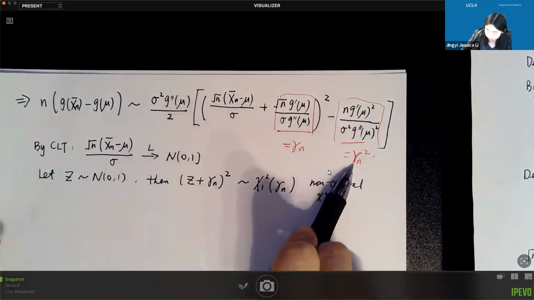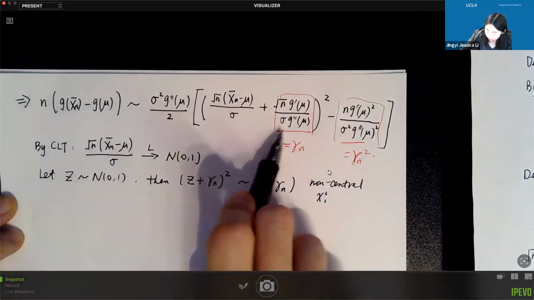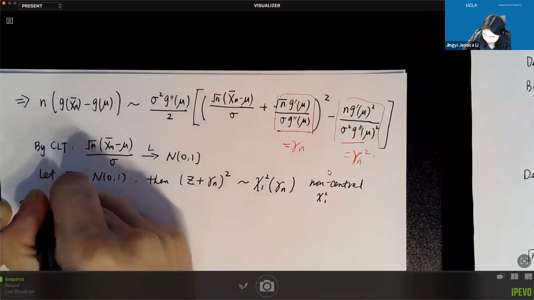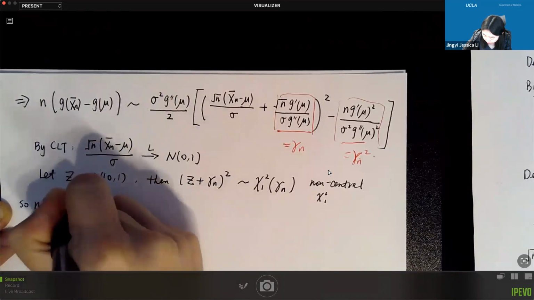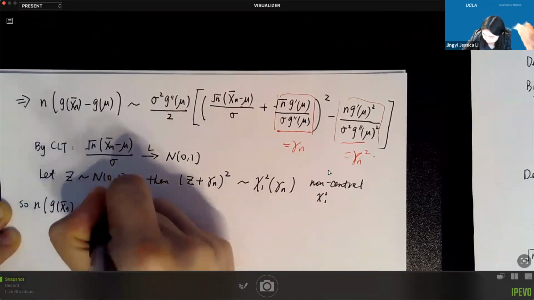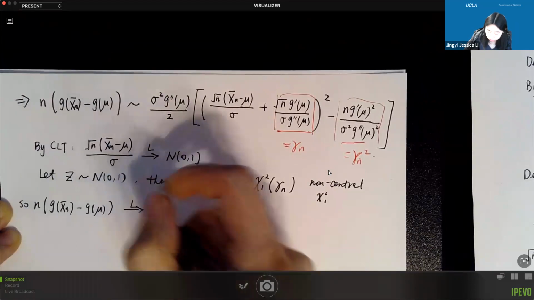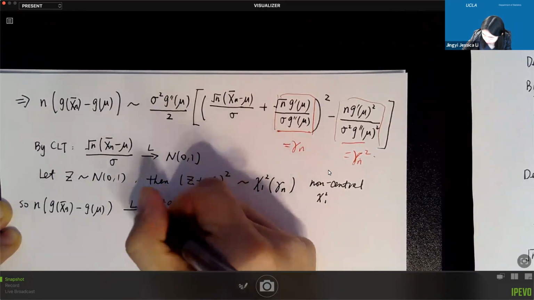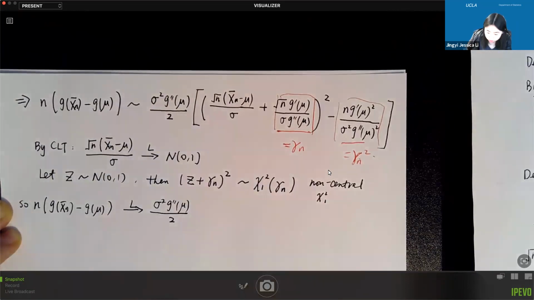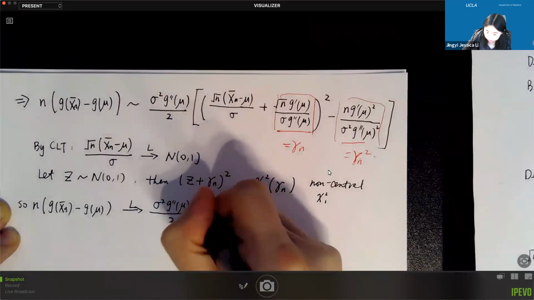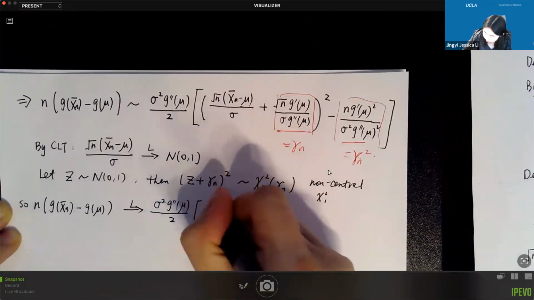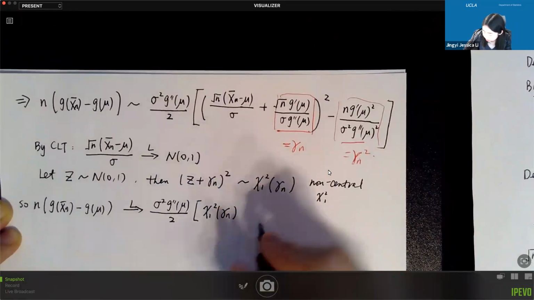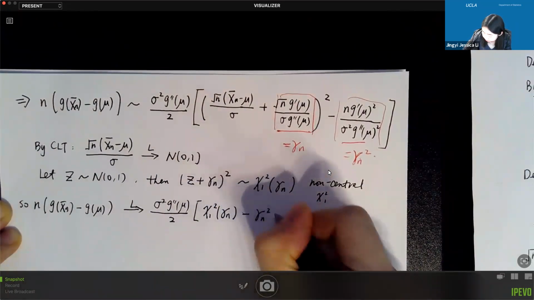So in other words, after all these arguments, we can say n times (g(Xn bar) minus g(mu)) converges in law to sigma squared g double prime mu over 2, and the distribution can be written as chi-square 1 shifted by gamma n and then minus gamma n squared.